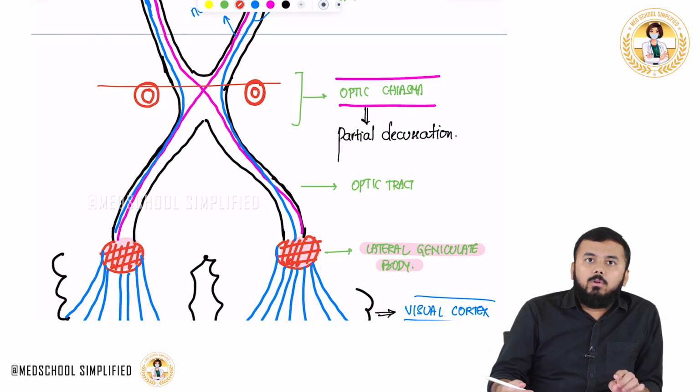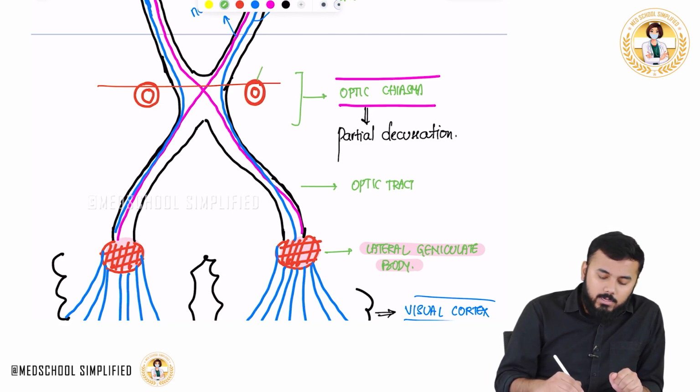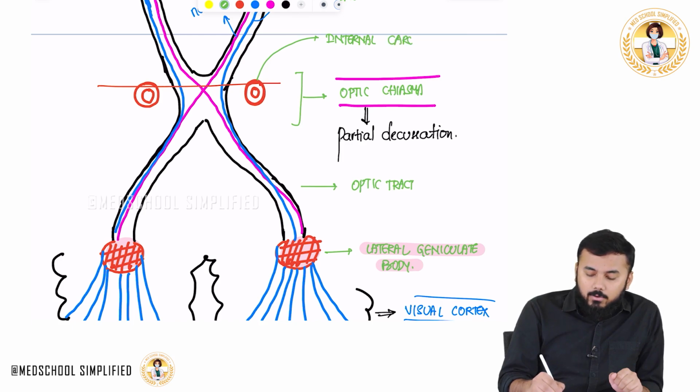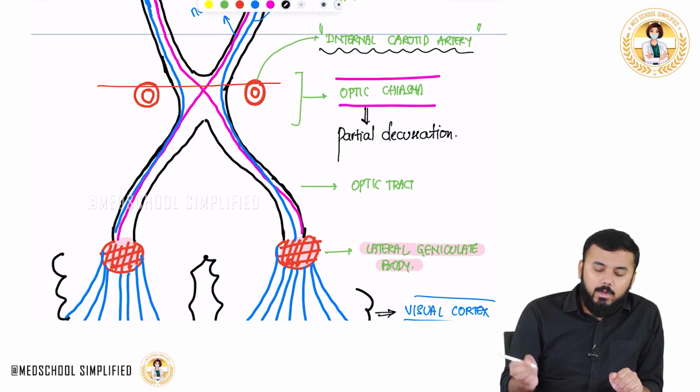These two arteries are called the internal carotid arteries. So what are these two arteries? These are called the internal carotid arteries.